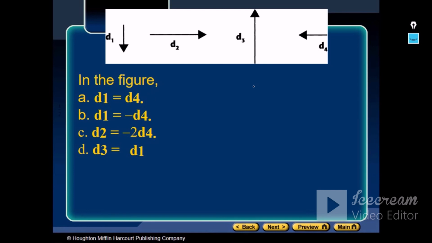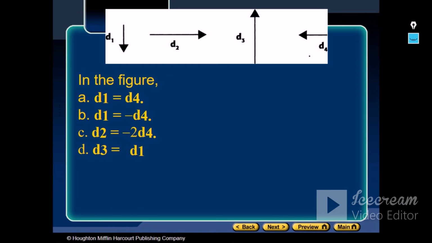Now I will just give you some notes here. As you see here guys, d2 is like d4 but twice d4, and d3 is like d1 but twice of d1. Now, which one will be right for this? d1 equals d4? Of course no. d1 is not like d4.